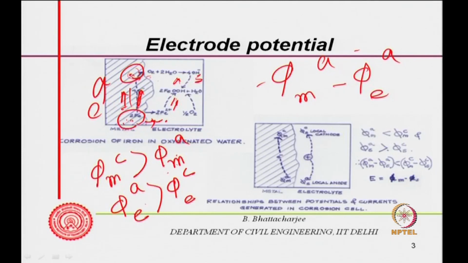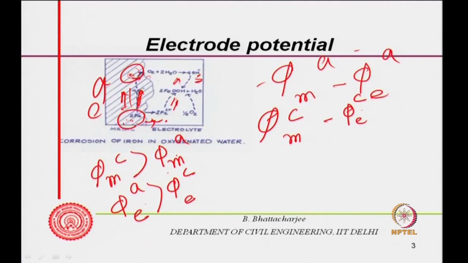That is one potential, and the other potential is phi metal cathode minus phi electrolyte cathode. So, let us consider these two potential differences.